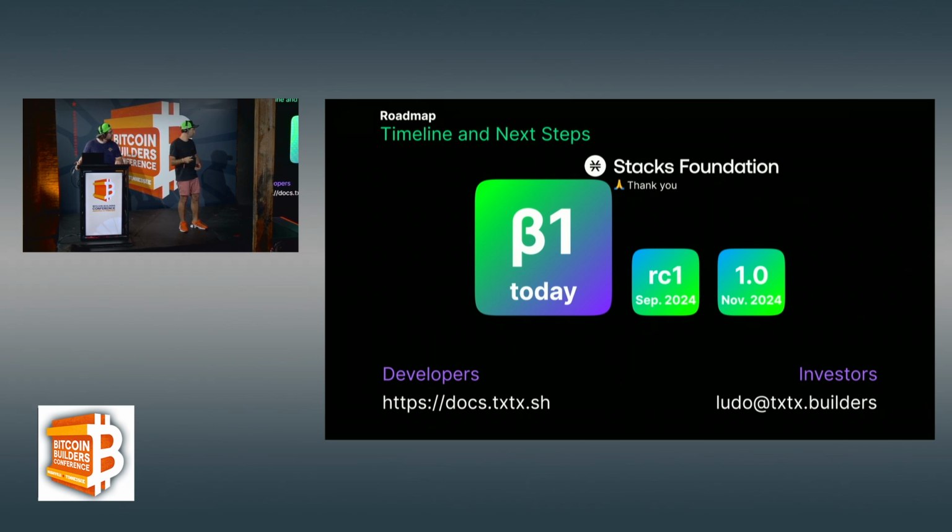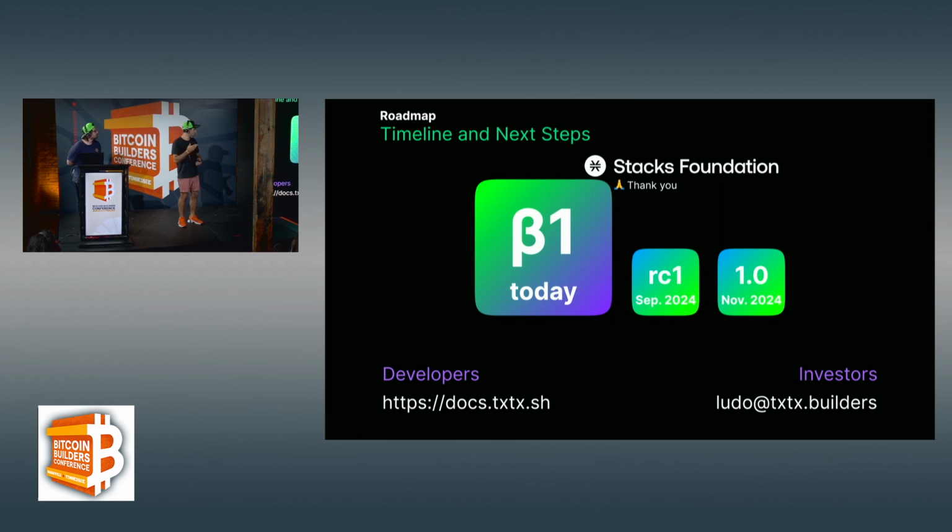So if you are building on Stacks, you can start using the language, the tech. We have some good documentation. It's up to date. And we think that this tech can be used for multiple chains, for fixing multiple problems. We want to be chain neutral, but we started on the Stacks blockchain.